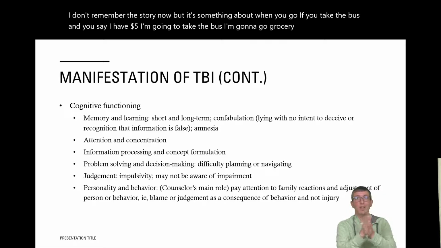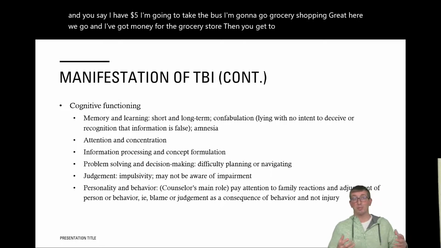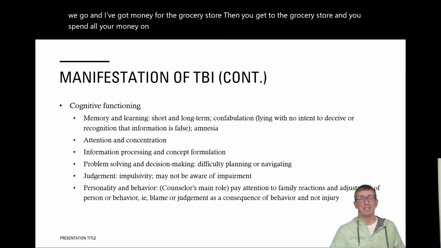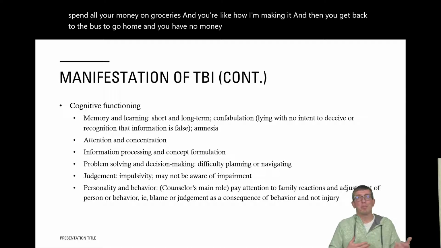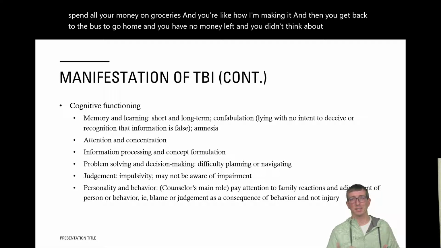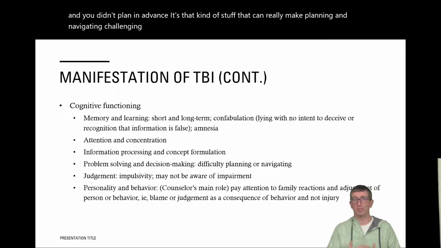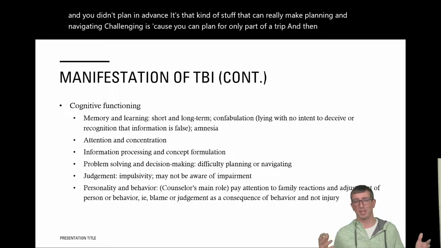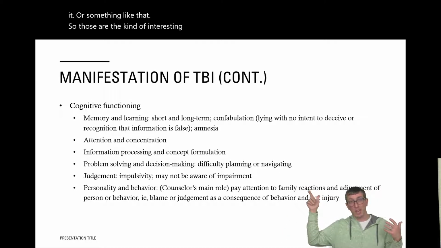Great, here we go, and I've got money for the grocery store. Then you get to the grocery store and you spend all your money on groceries and you're like, I'm making it. And then you get back to the bus to go home and you have no money left. Because you didn't think about that ahead, you didn't plan in advance. It's that kind of thing that can really make planning and navigating challenging, because you can plan for only part of a trip and then miss the rest of it. So those are the kind of interesting situations that are challenging and really difficult.